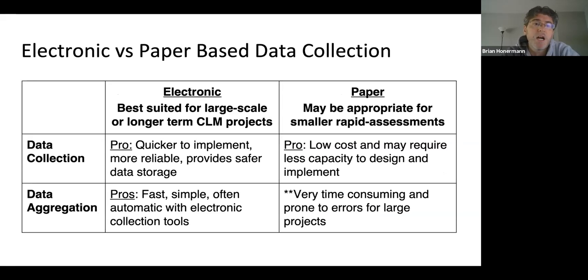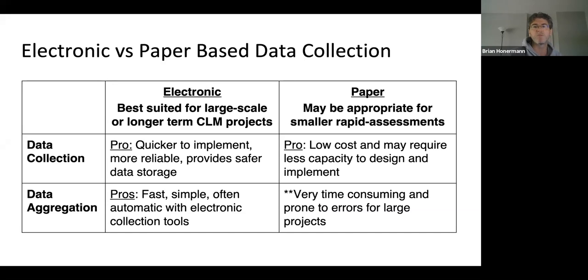Next slide. So electronic versus paper-based data collection. It's already been introduced a little bit, but electronic data collection systems, using tablets or cell phones or whatever, are best suited for large-scale projects or longer-term community-led monitoring projects. Paper-based can be done alongside electronic.